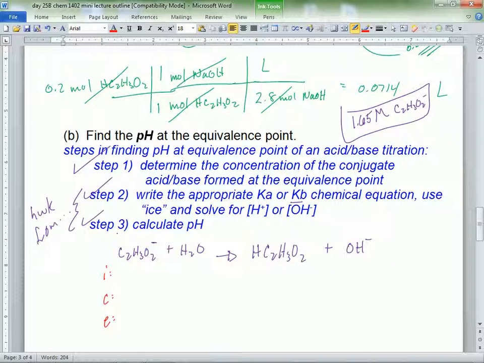So all we have is this acetate. We calculated the concentration. Where did that number usually go? Yeah. In the initial row under it, right? So what number do I put there? 1.65.